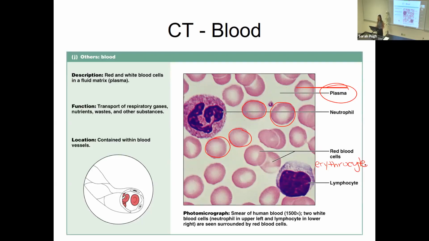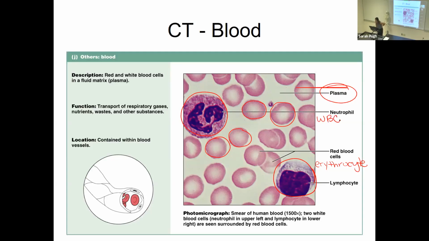And then we also have in our blood white blood cells. White blood cells make up less than 1% of your blood volume. The white blood cells are huge. So here are 2 white blood cells. A lot of times for a white blood cell, I'll just abbreviate it WBC.